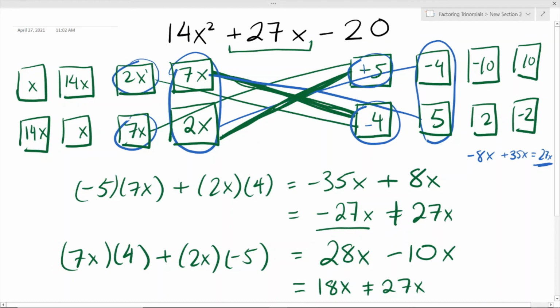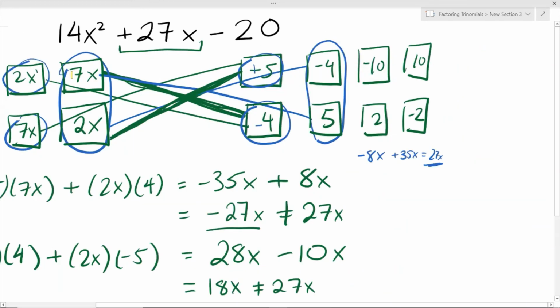And essentially, we could have gotten the same factors, 2x plus 5 and 7x minus 4. Because here, this with this is 7x minus 4, just like here, and then here, 2x plus 5 is the same as here.